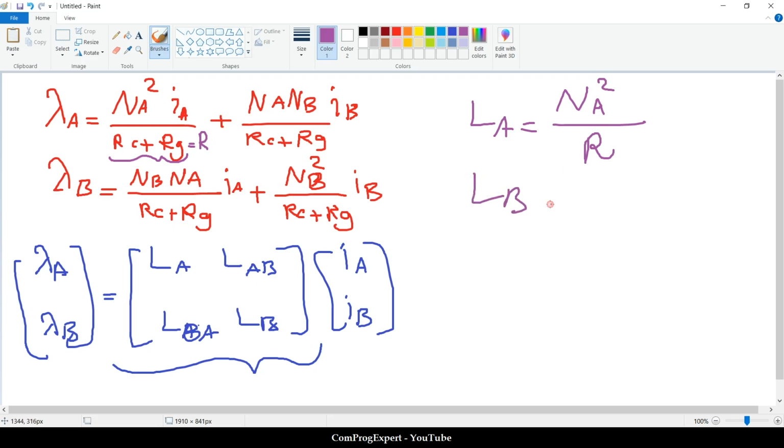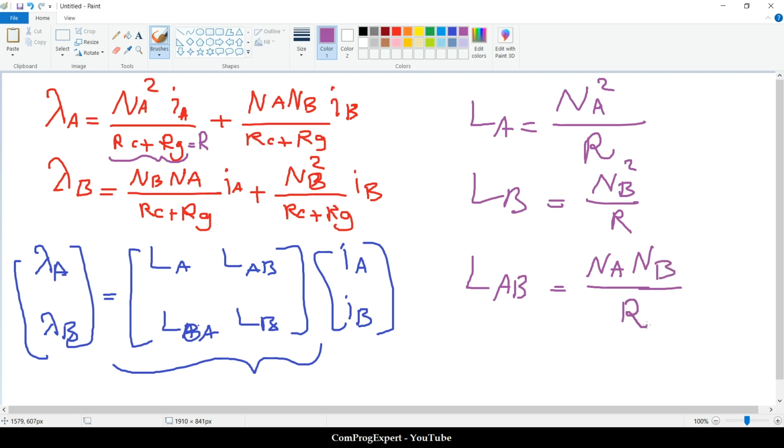And this is LB, NB to the power 2 divided by R. And this is the mutual inductance, NA NB divided by the reluctance.